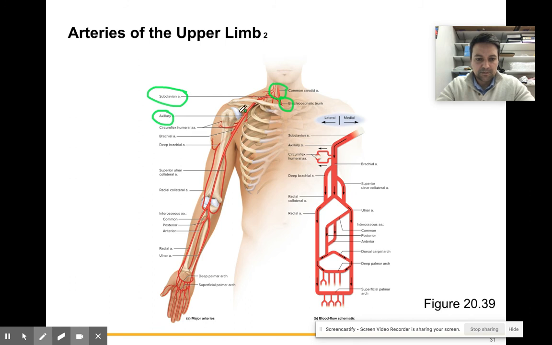And the major blood vessel that runs along your bicep, down your arm, is called the brachial artery. We definitely want to know that. That's one place you can actually take a pulse on someone. If you press hard enough on their bicep, you can feel the brachial artery.